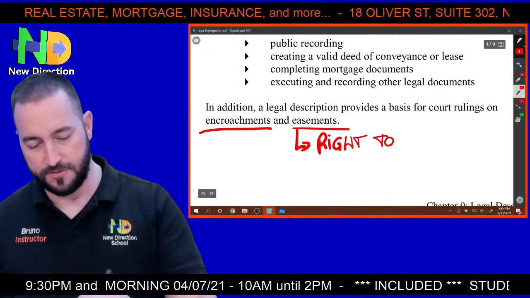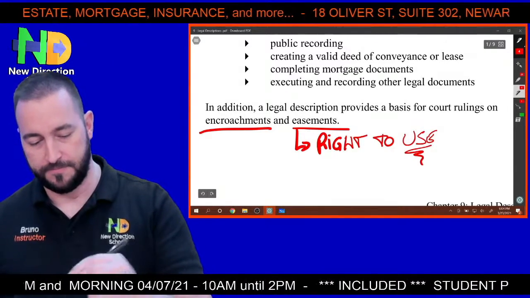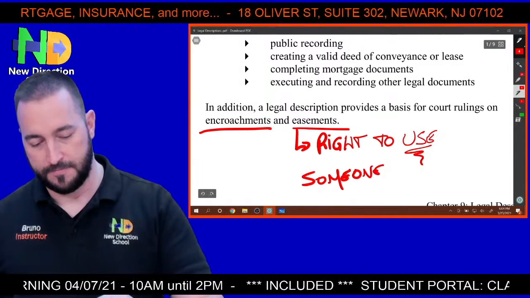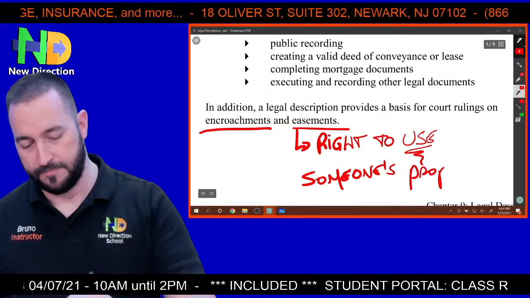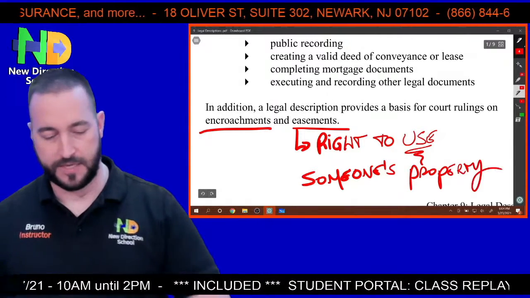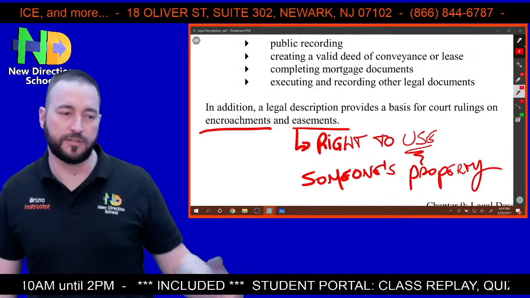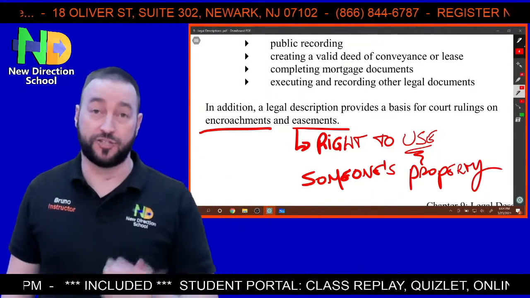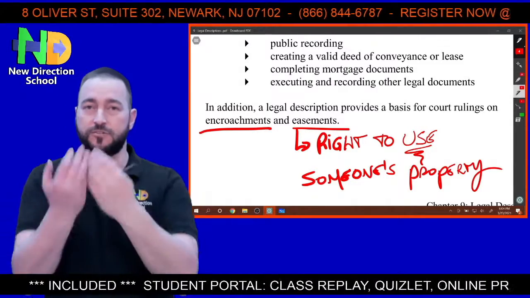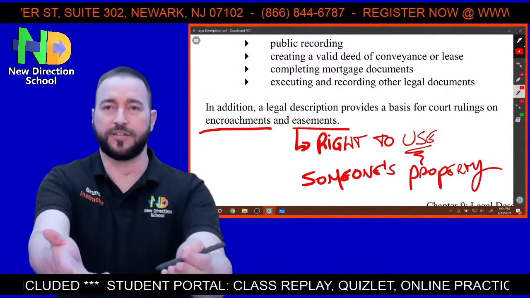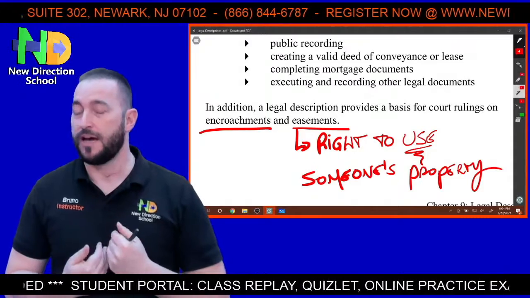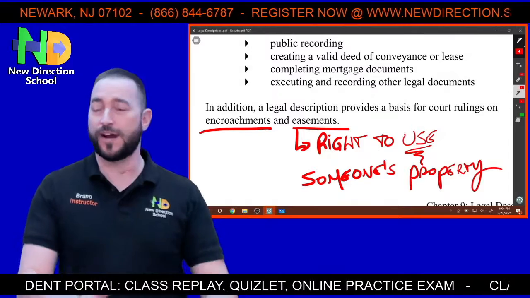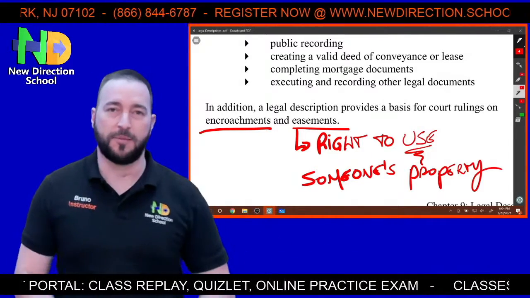Right to use someone's property. So encroachment is illegal extension, you're moving into somebody else's property. And Marlon wrote shared property, like a shared driveway. Perfect. I have the right to use half of your driveway. You have the right to use half of my driveway. I have an easement on your half. You have an easement on my half. So easement is the right to use someone else's property.